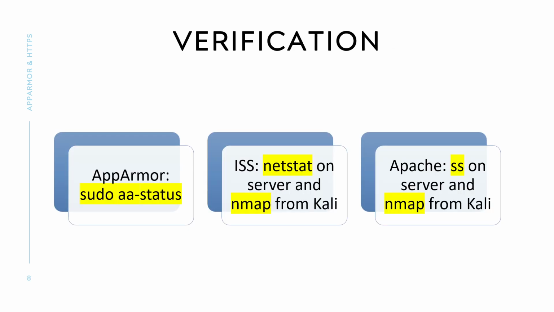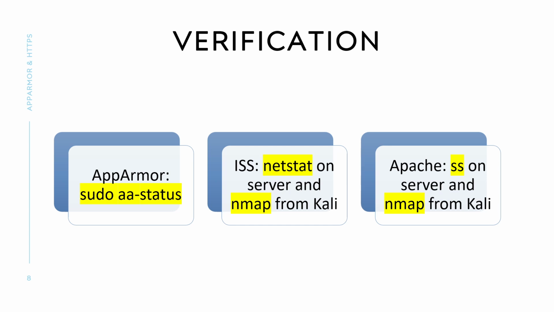To verify, we are running the checks locally and externally. For AppArmor, we would run aa-status, again, to confirm that the profiles are loaded and enforced. So it's kind of a two birds, one stone situation. For IIS, we would use netstat on the server to confirm it's listening on port 443, which is the secure port.